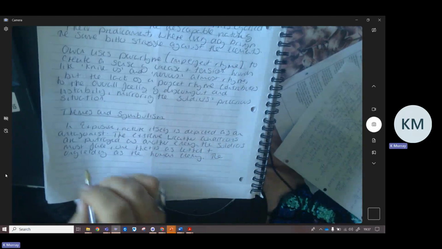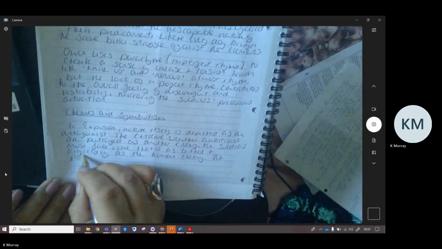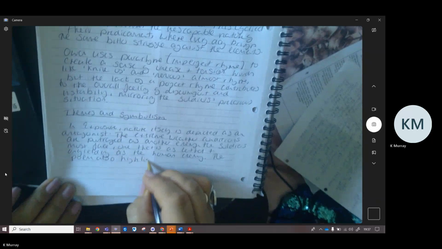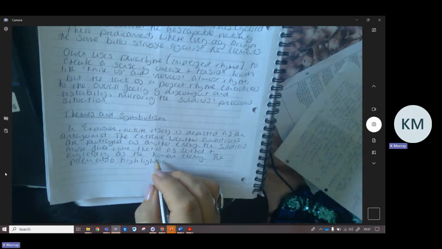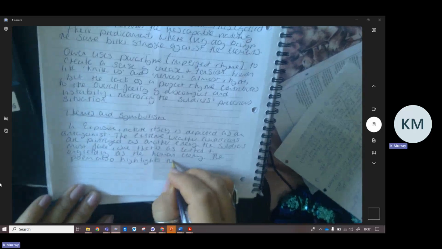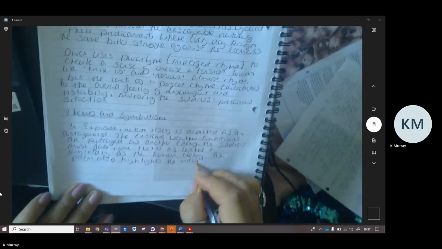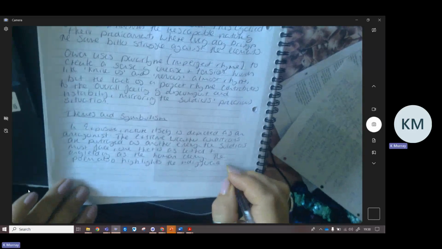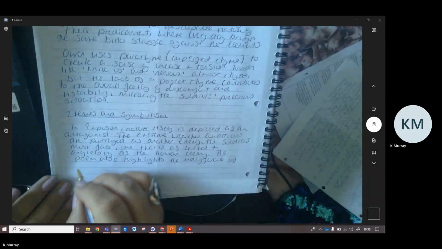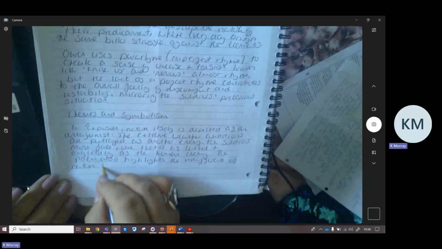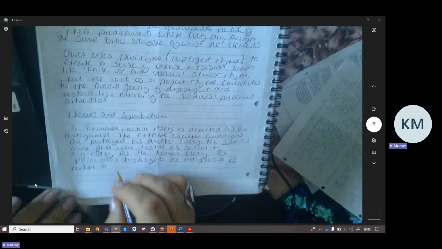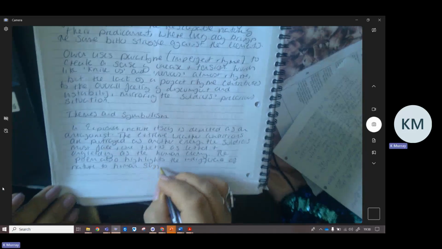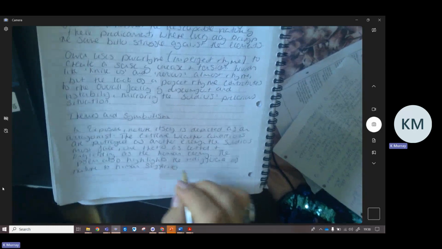And the poem also highlights the indifference of nature, the indifference of nature to human suffering. Nature does not care, does it, to human suffering.